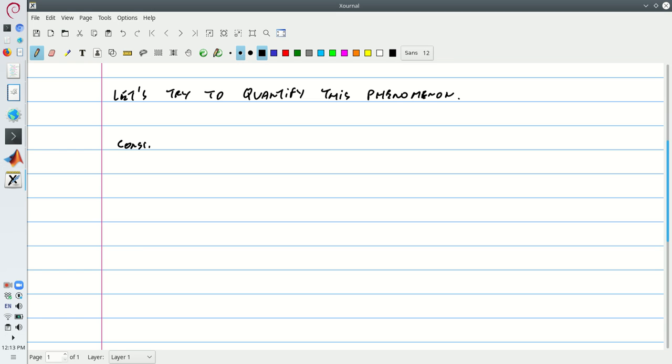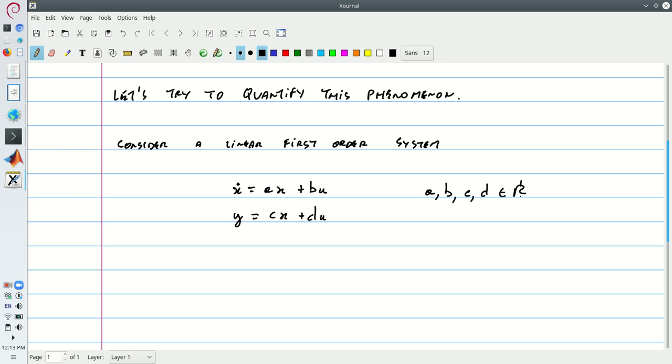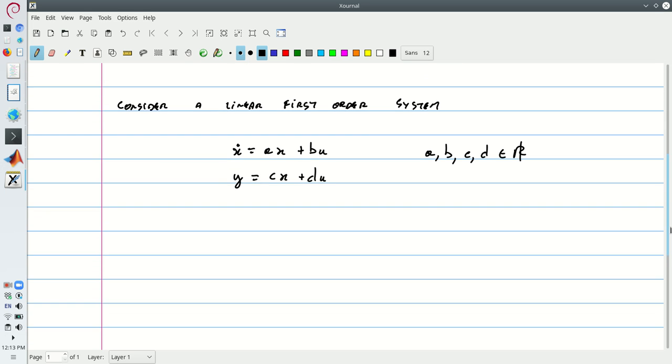Consider a linear first order system. Let's consider x dot equal to ax plus bu and y equal to cx plus du. All the quantities here are just scalar to make everything simple.